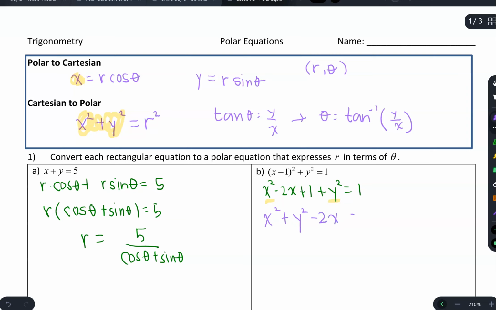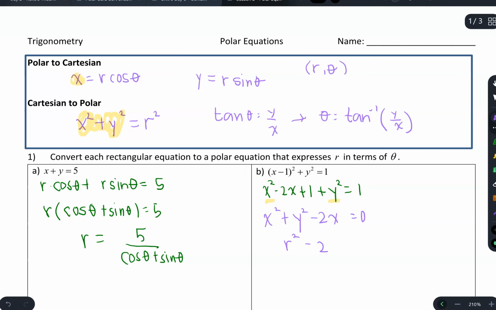If you move your 1 over, then that is going to be equal to 0. Okay, so I've got x squared plus y squared, so that's the same thing as having an r squared.